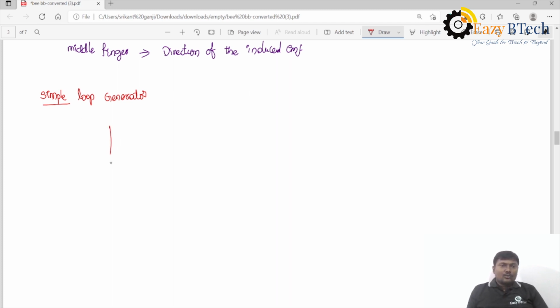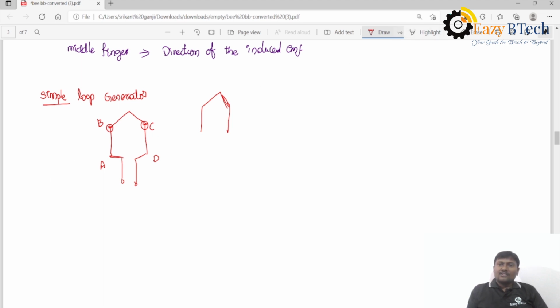I am taking two conductors, one conductor AB and another conductor CD. The ends of these two conductors are joined like this, and then it is called a single turn.